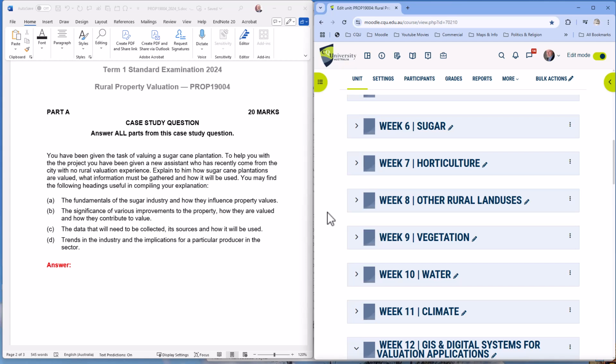In the separate session, I will now look at the past paper, how the unit translates into the exam.